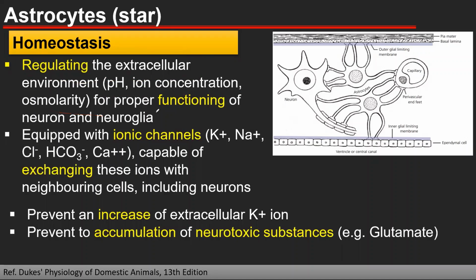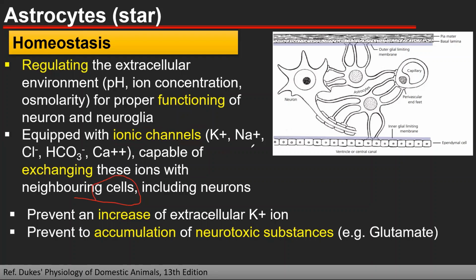So astrocytes regulate this environment, these components, to maintain them in a stable or constant manner so that a neuron and the other glial cells can function properly. And astrocytes also have ionic channels like potassium, sodium, bicarbonate, calcium, and they are capable of exchanging these ions with neighboring cells.